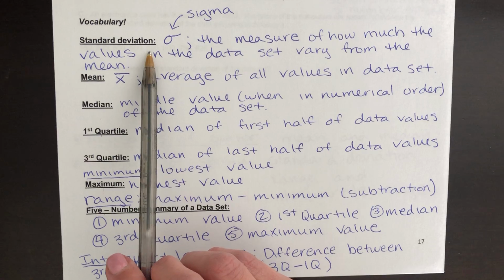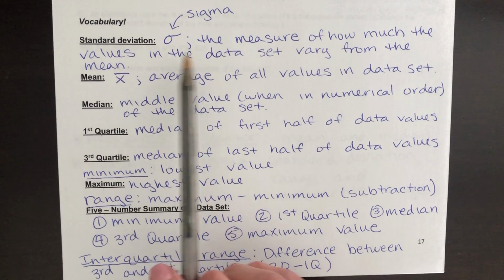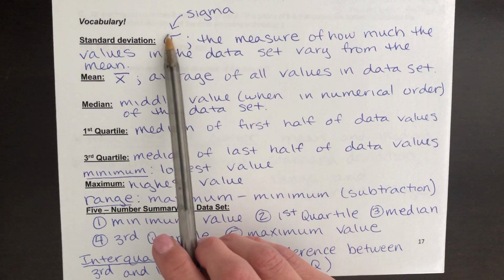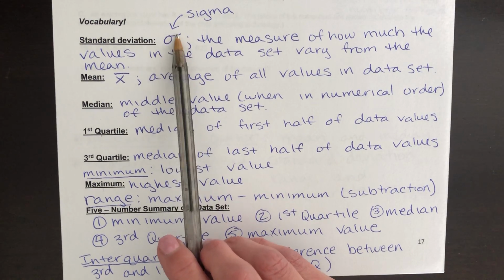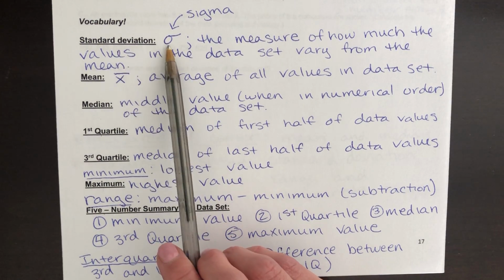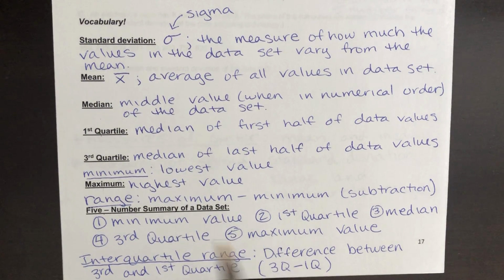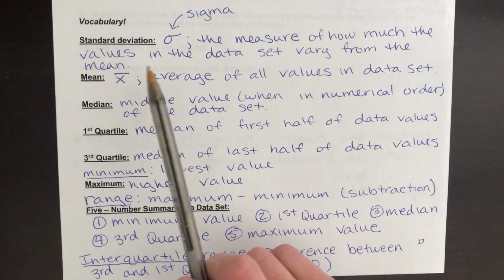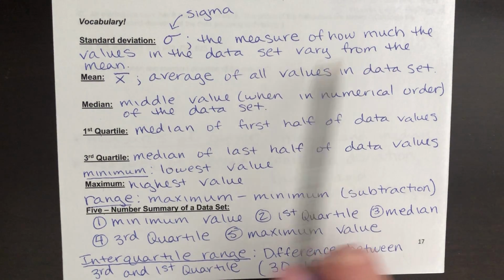Standard deviation. Standard deviation is noted by the Greek letter sigma, and it looks kind of like an o with a little hat on it. That stands for standard deviation. Standard deviation is the measure of how much the values in a data set vary from the mean.